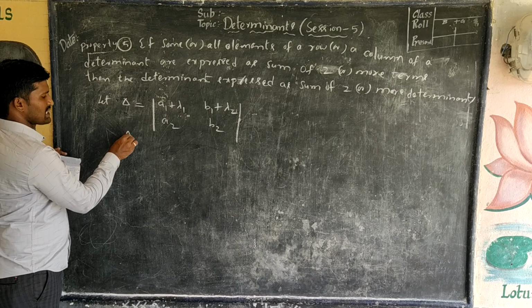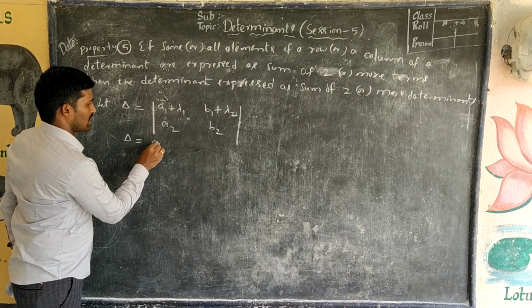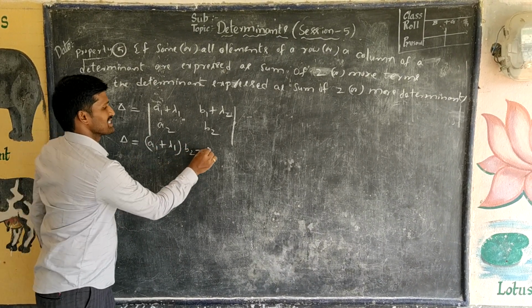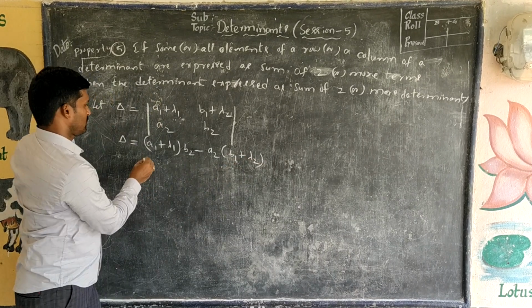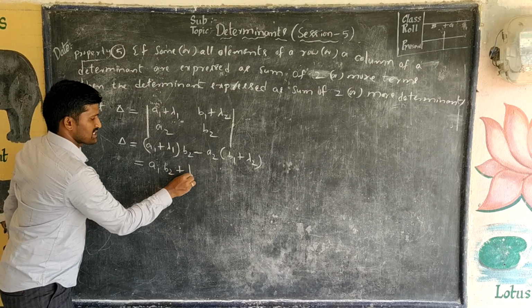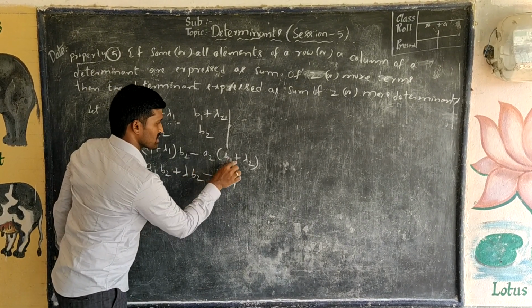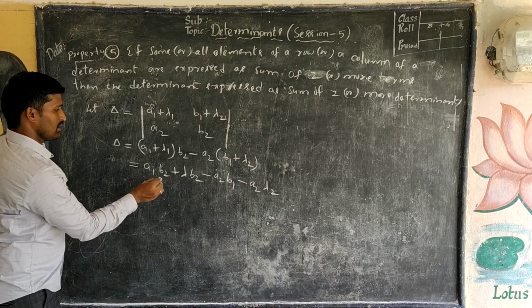Now I'll expand this directly. What will you get? (a1 plus lambda 1) into b2 minus a2 into (b1 plus lambda 2). Multiply inside. What will you get? a1 b2 plus lambda 1 b2 minus a2 b1 minus a2 lambda 2.